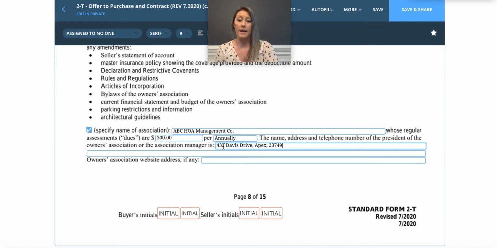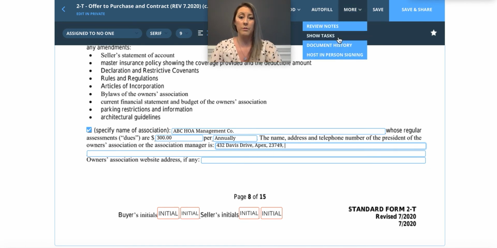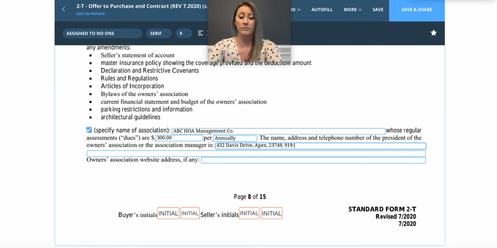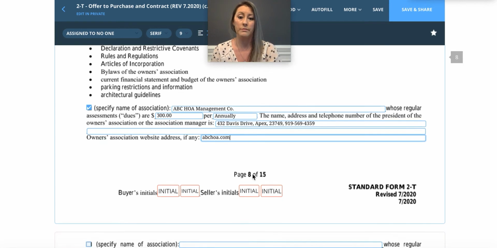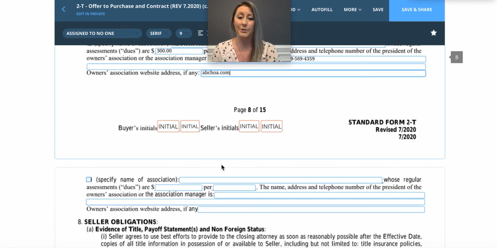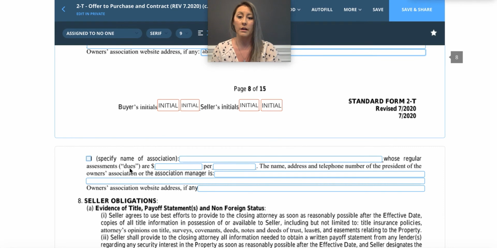And if there's a phone number associated with it, we're going to put a phone number. All right. And then the website, I just copy and paste the website, whatever it is. Just have it in there. Again, I'm a stickler for putting something in every line.